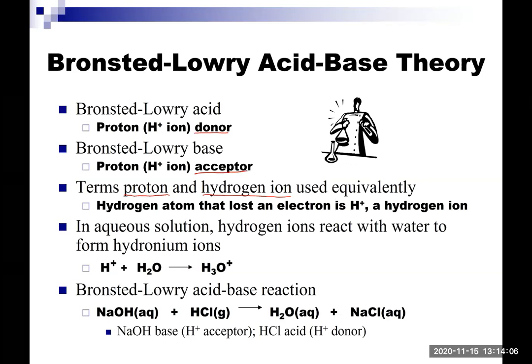In aqueous solutions, hydrogen ions, H+, react with water and they form hydronium ions. And so that's why we're saying that the proton, the hydrogen ion, and the hydronium ion are all the same species in acid-base chemistry. And if we refer to a proton, we're referring to a hydrogen ion.